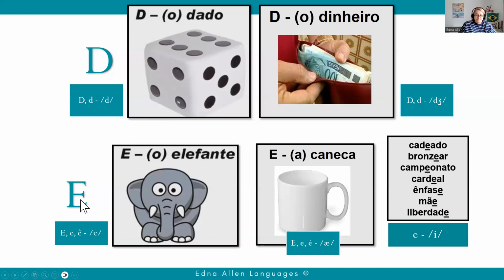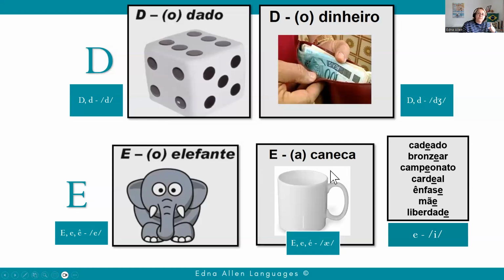Aí o E. E pode ser fechado, ou pode ser aberto, it could be open. É o elefante, elefante. E a caneca, a caneca.